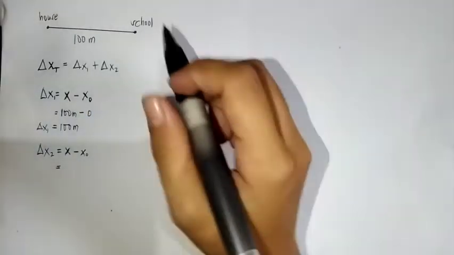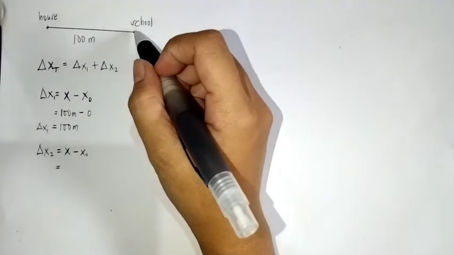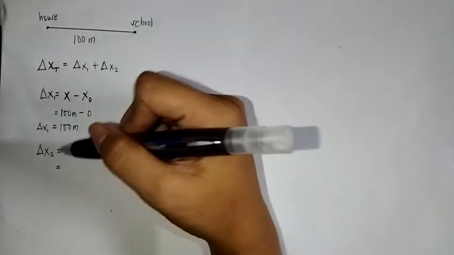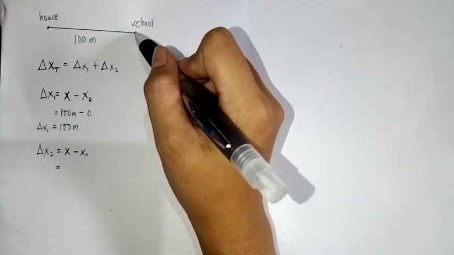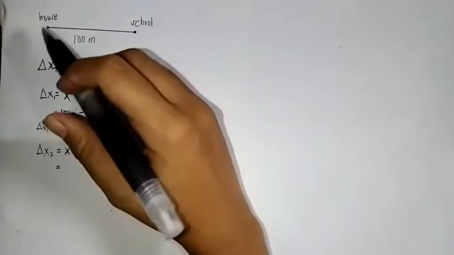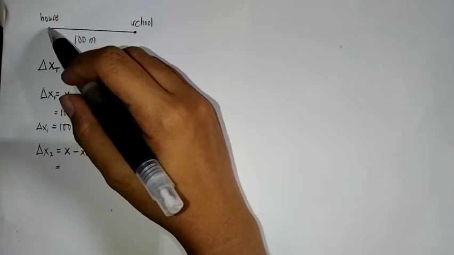The initial position for delta x sub 2 is now the school, and the final is the house.